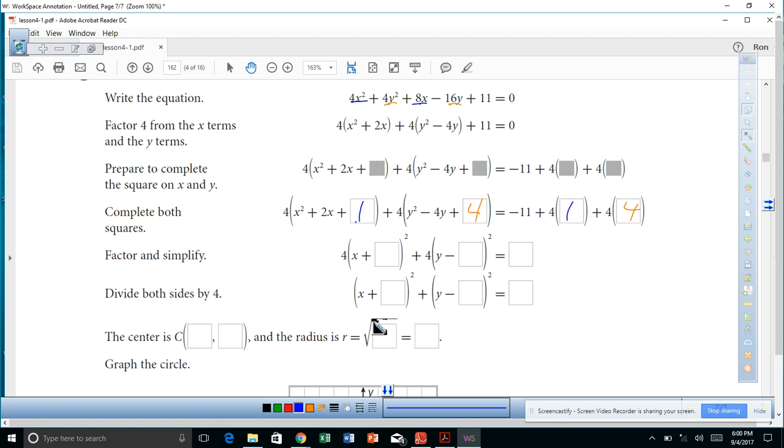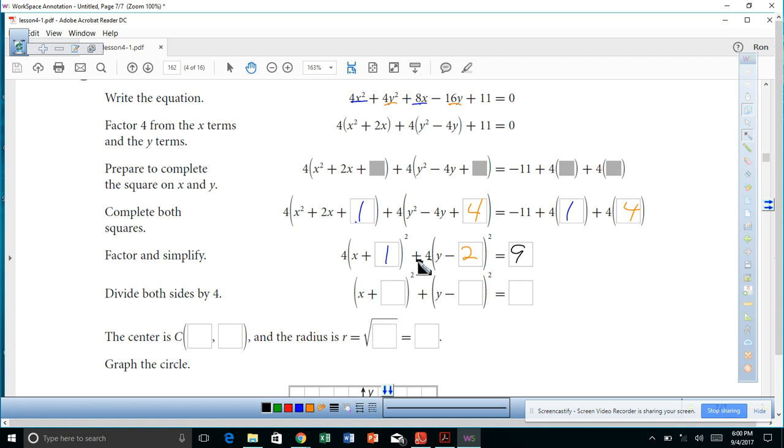All right, good. So they're going to factor it now, and that's going to be 2 divided by 2 is 1, so you're going to have x plus 1, and here negative 4 divided by 2 is negative 2, so you're going to have negative 2 there. Over here, negative 11 plus 4 plus 16 is going to give you 9.